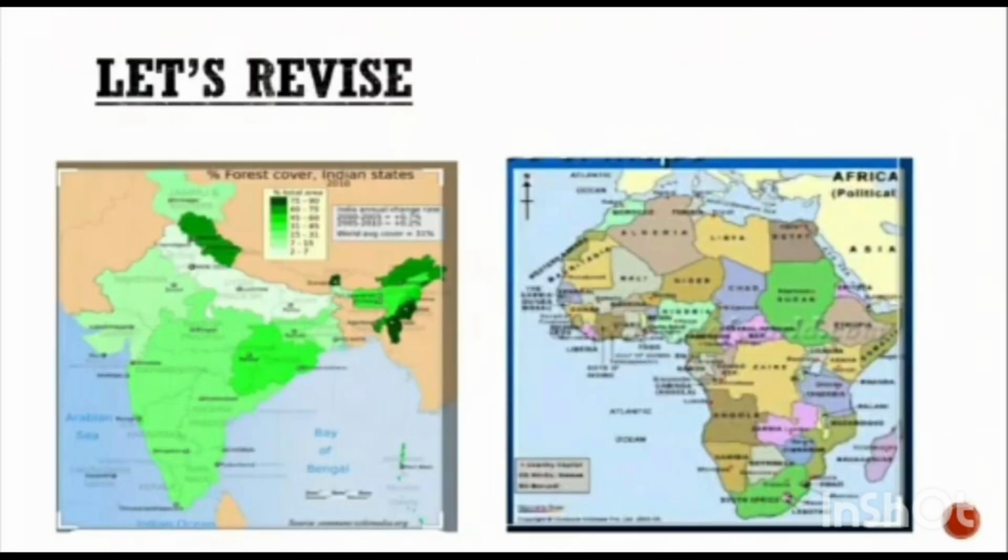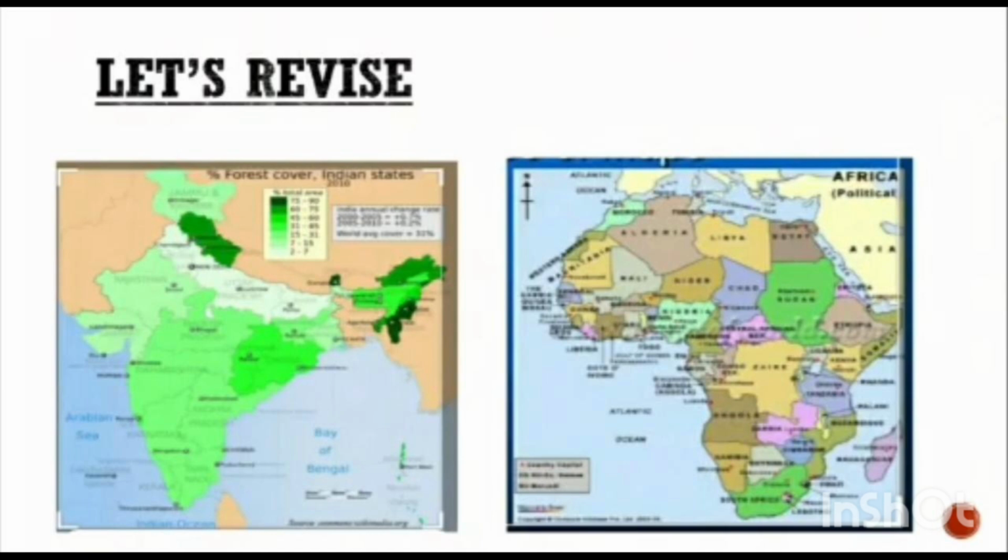Now let us revise again. The first map that we can see, the green color, represents the percentage forest cover of Indian states. So these kinds of maps are known as thematic because it shows the representation of the forest cover in India. So again, it is based on a particular theme, that is why it is known as a thematic map.